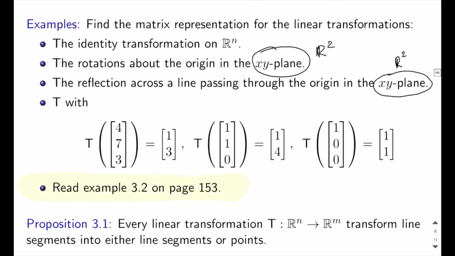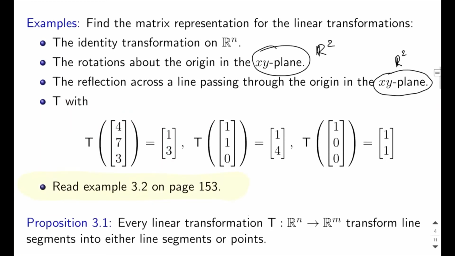Now we are going to talk about finding the matrix representation for a linear transformation, where we only know some pieces of information that T transforms the three vectors here into the three vectors here, respectively. We know that in order to find the matrix representation for T, we need to know T of the standard basis, which means you have to find T of 1, 0, 0.